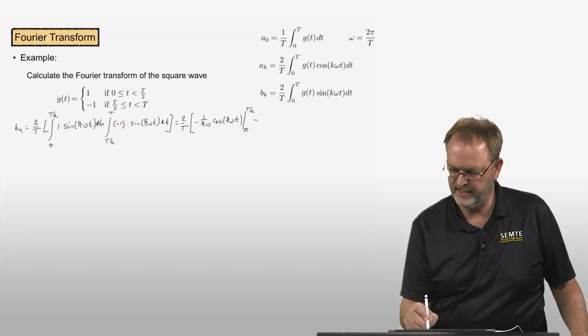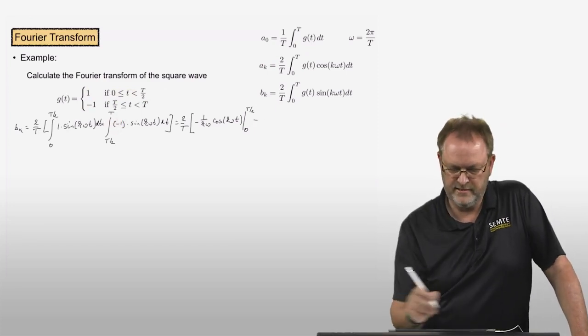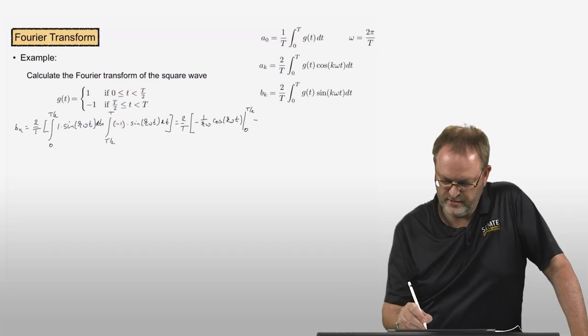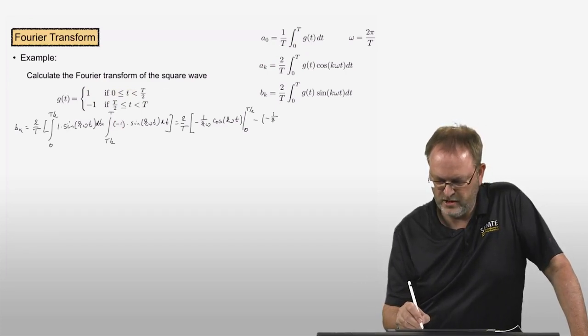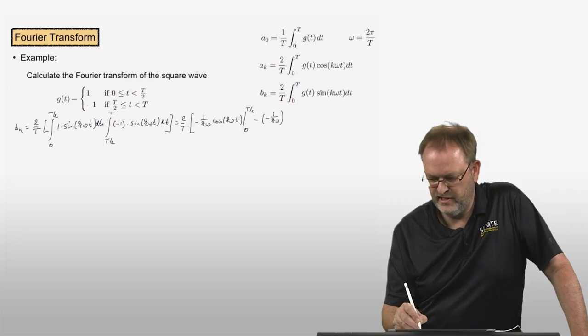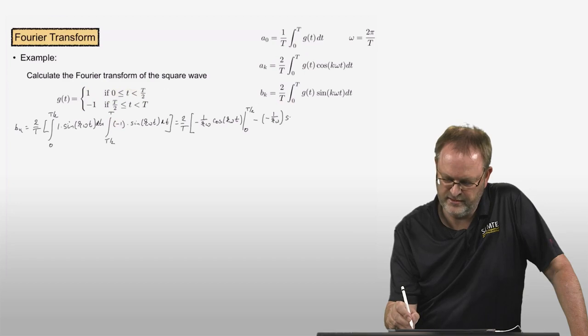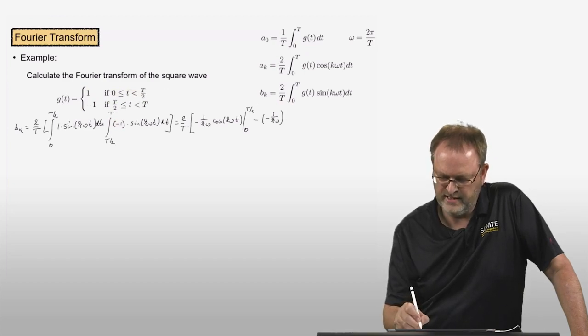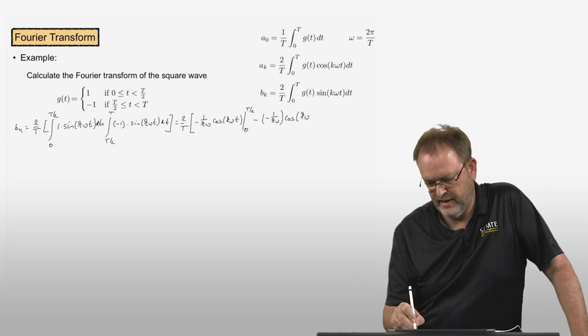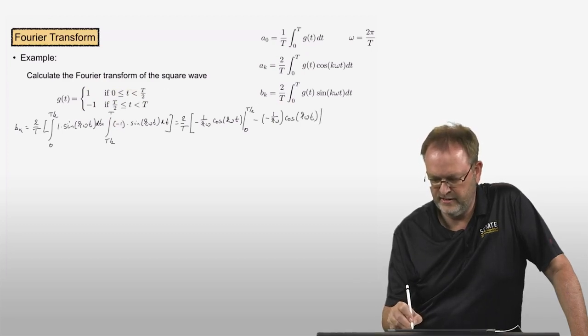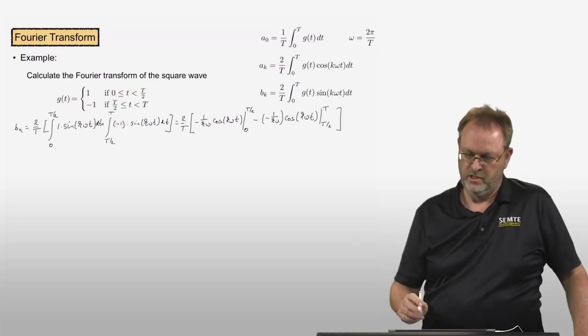That's the minus sign here. So minus, now the integral here is negative 1 over k omega times the cosine, right? The integral of the sine is minus the cosine. So cosine of k omega t between T over 2 and T.